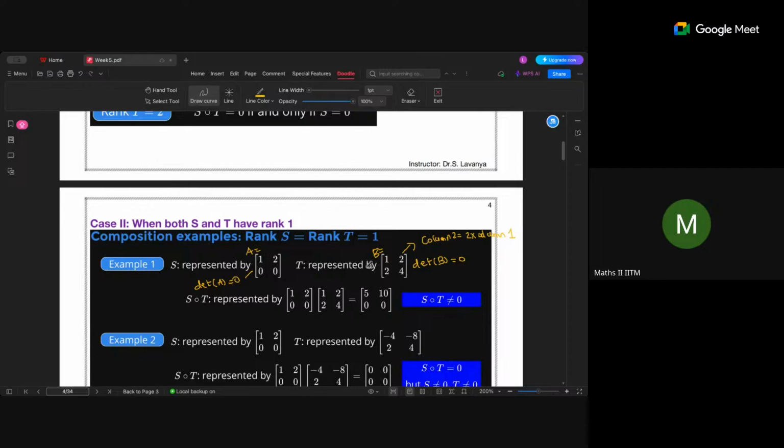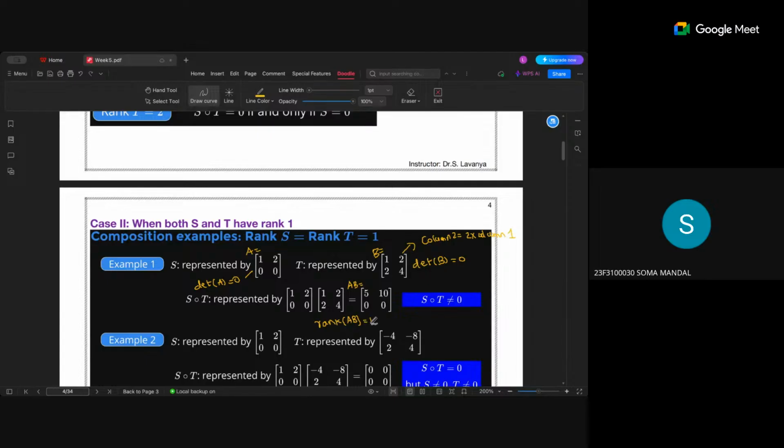Now, what is the matrix representation of S composition T? We already saw it. It should be the product of AB. Now, computing the product AB, this is the resulting matrix. And for the resulting matrix also, there is only one non-zero row. So the rank is again 1. What is rank of AB? 1.